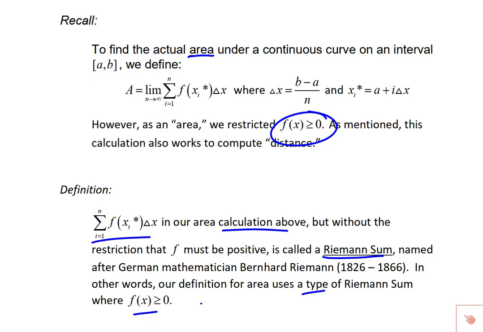Our area calculation is a Riemann sum, but Riemann sums are more general, and when you don't have to restrict the function to be greater than or equal to 0, you can use this same calculation for all kinds of applications, as we will eventually see. A Riemann sum is a more general sum, where we've taken a certain case where the function is greater than or equal to 0 to define our area or our distance.